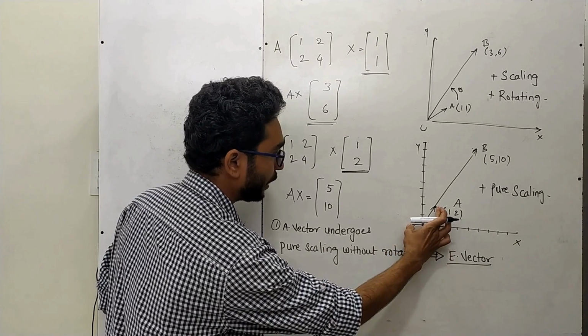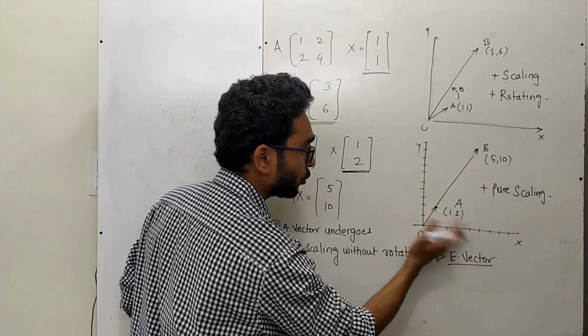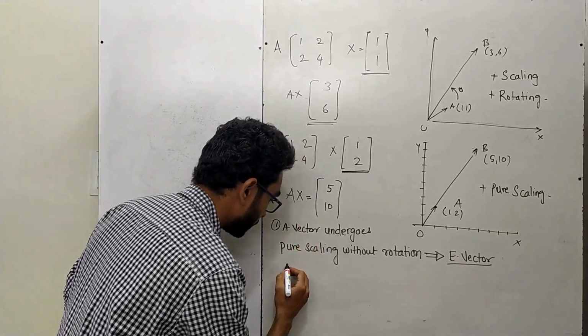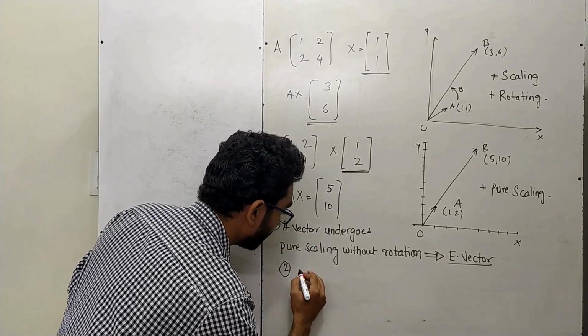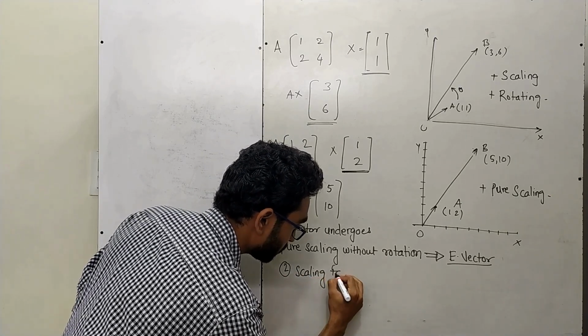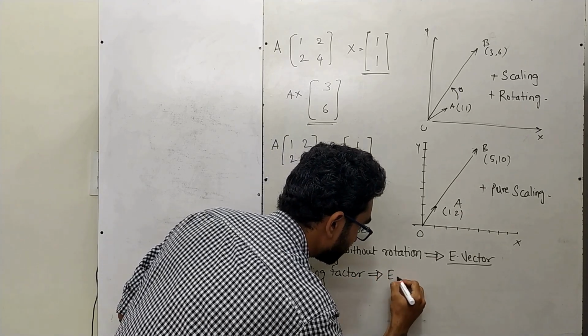So my vector OA undergoes pure scaling without any rotation, and this is what an eigenvector is. And listen carefully now, this is again a very important point. A scaling factor is called an eigenvalue.